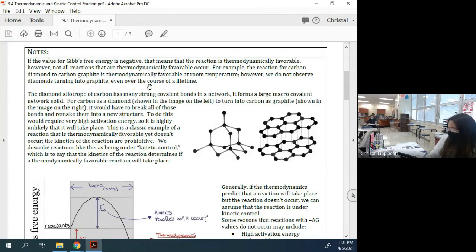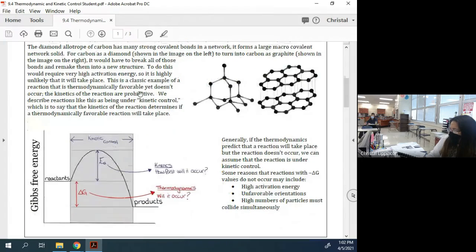For example, carbon diamond to carbon graphite, so the diamond in your ring or necklace, is thermodynamically favored to turn into graphite. Now, luckily, if you have a diamond ring, that doesn't happen at room temperature, because we wouldn't want that to happen. So why is that the case?